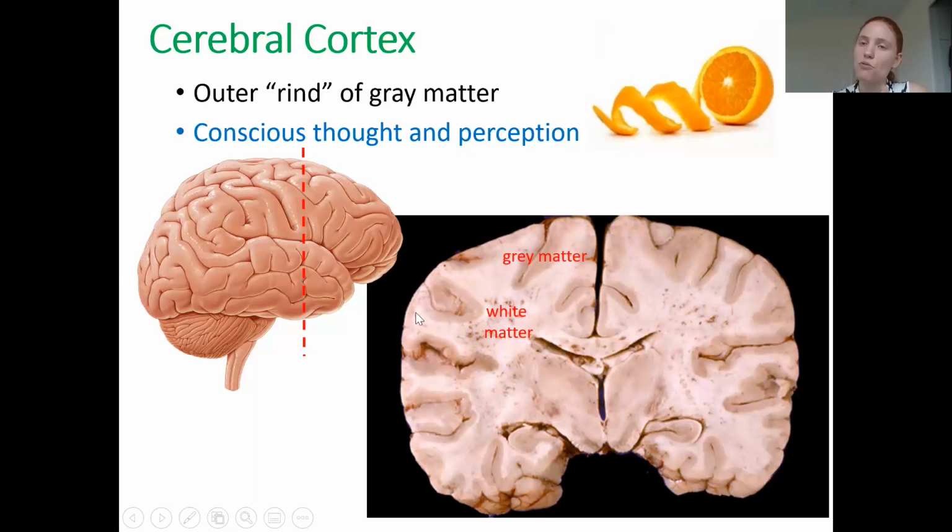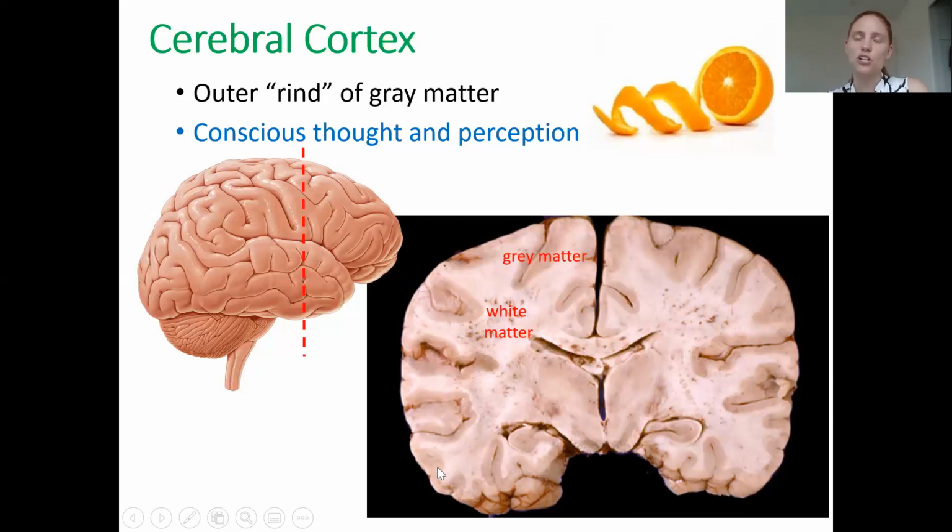Now, at the very beginning, when I showed you the picture of the brain, we talked about the elevations, the gyri and the sulci, and how they create an increase in surface area. Let's talk about that real quick. You'll notice that the gray matter, so the cerebral cortex, is only found at the surface. And so the more folds that you create, the more gray matter you create.